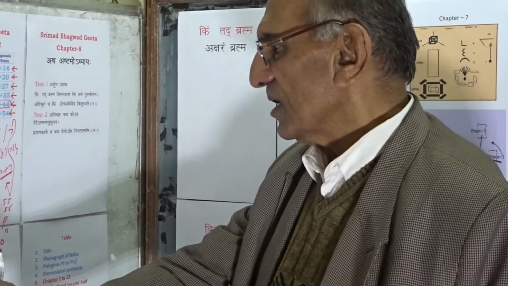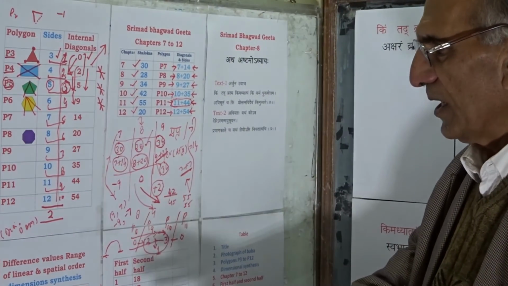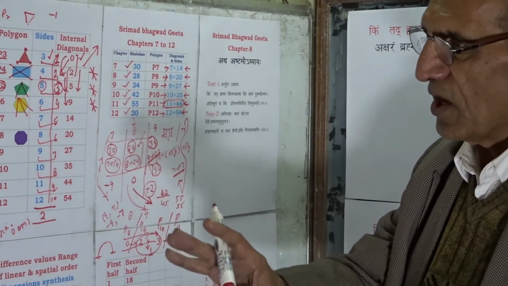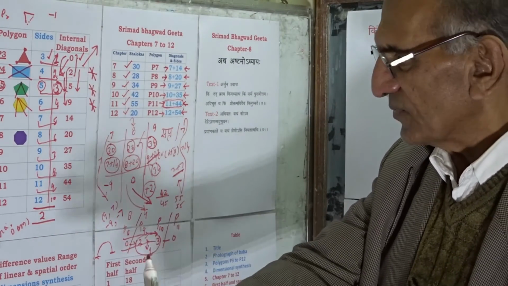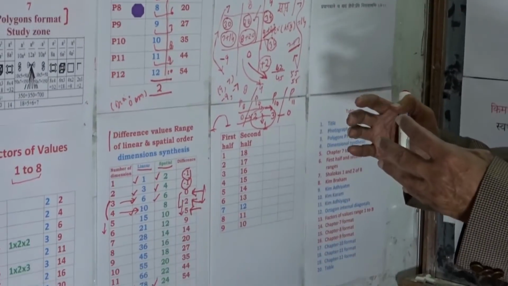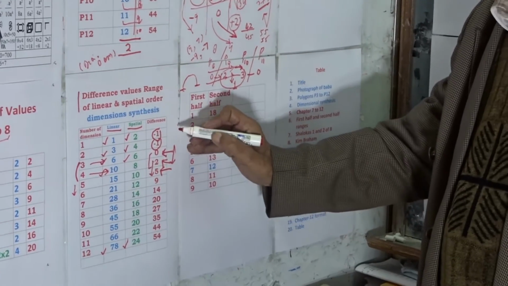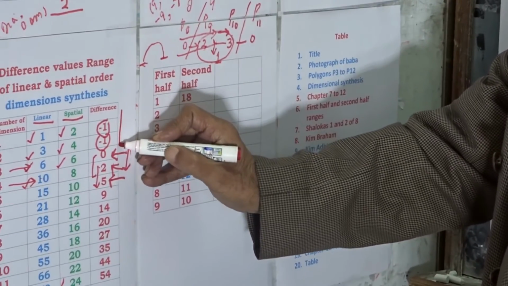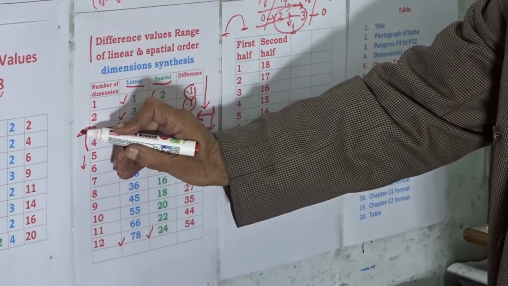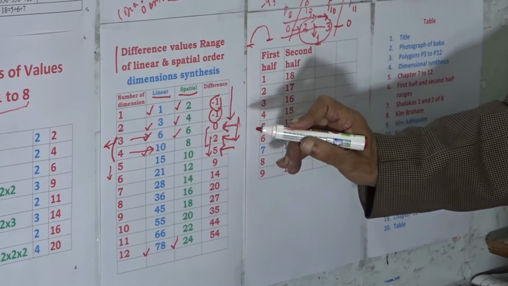It is this feature which deserves to be appreciated fully to have a proper comprehension of how the polygons format and the dimensional synthesis format will ultimately take us to a parallel format, but with a shifting. And the shifting is that in case of polygon 3, a triangle, we get 0 number of diagonals.